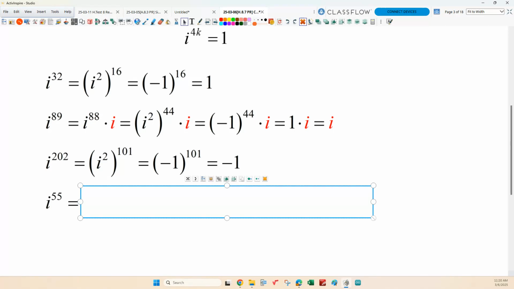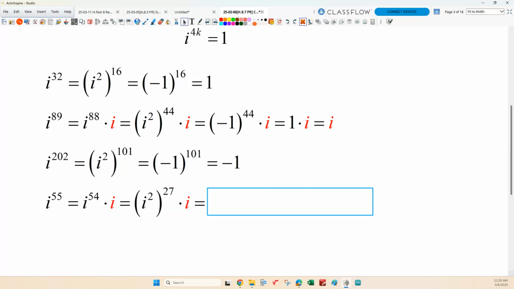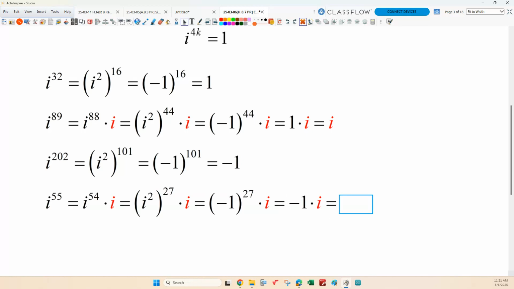Negative I, yeah, right? Because I to the 54 is going to break up into negative 1 to the 27. Negative 1 to an odd power is negative 1, times I, gives us negative I. Everybody see that? Okay, so it's pretty simple.